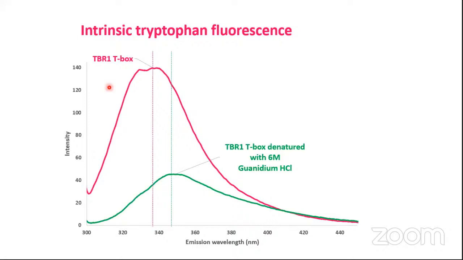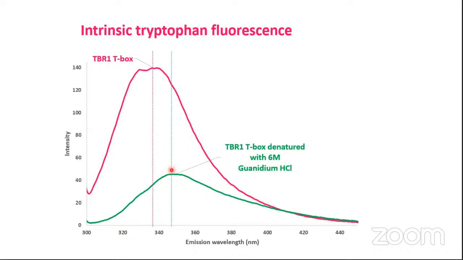So here are the results of my intrinsic tryptophan fluorescence. What we did with this technique was, we first got a spectrum of the intrinsic tryptophan fluorescence of the protein in its native folded state, or what we think is the native folded state. And then we got another spectrum of the protein that we denatured using guanidinium HCl.